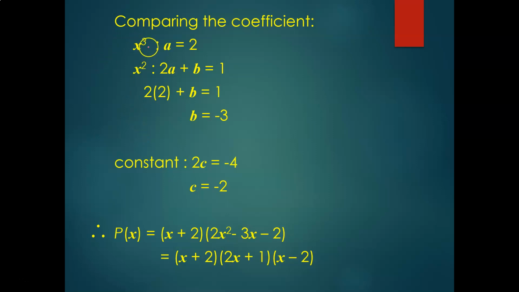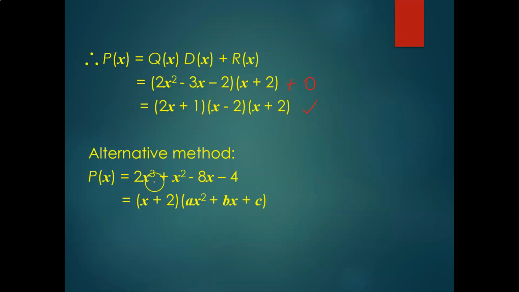So for x cube, I have x cube over here. Dia punya coefficient adalah 2. Dekat sini, I have to expand this one first lah. I have to expand this one first. So I will have ax cube. Macam tu. Okay. And sama jugalah untuk yang ini. I will expand this one, multiply this one.